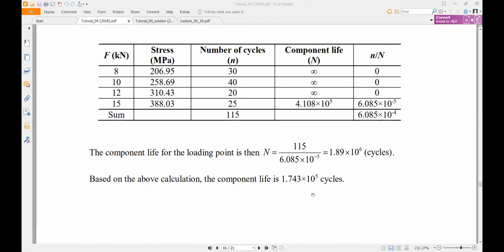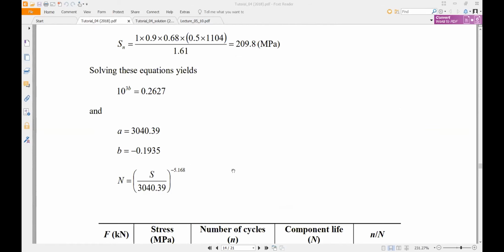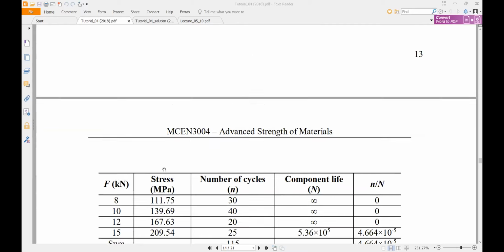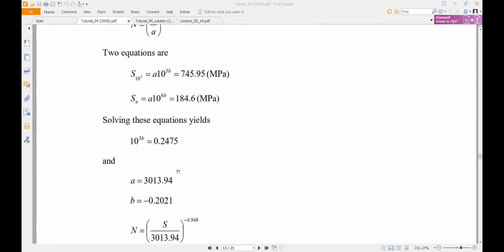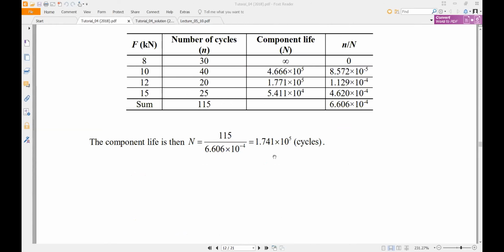Are we clear? You will get the same answer. But this is difficult. The second method is difficult. So you need to calculate this kind of table for each weakest point. Are we clear? So you will get the same answer.